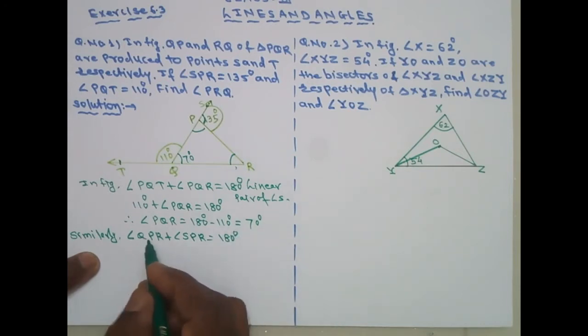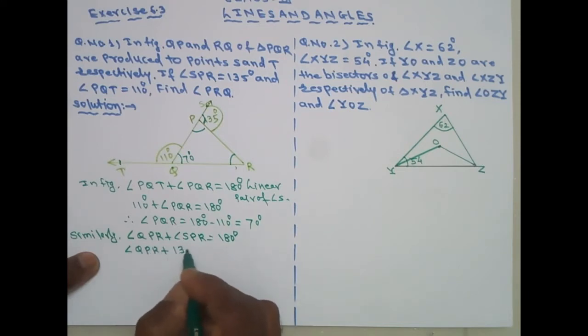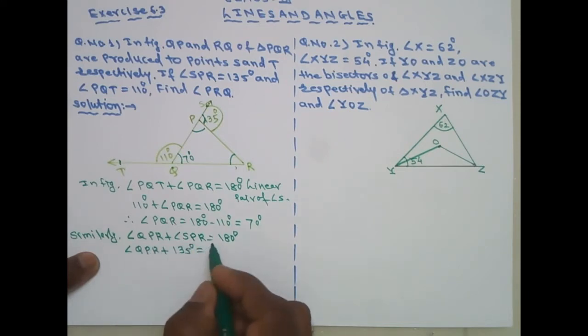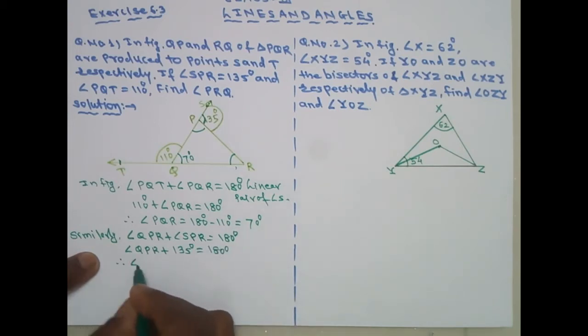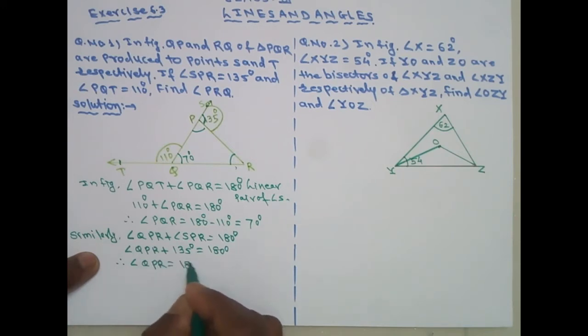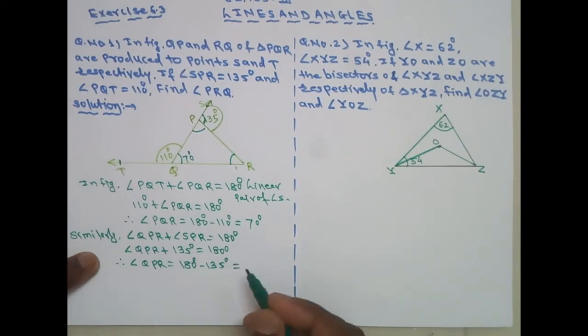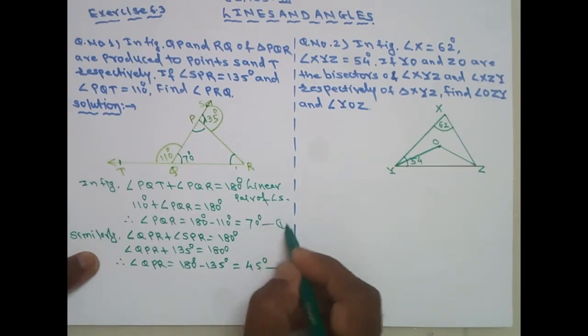Now QPR is not given, the SPR is 135 degree. So that is equals to 180 degree. Therefore, angle QPR equals to 180 degree minus 135 degree. That is 45 degree. So it is 45 degree. This is number 2 and this is number 1.